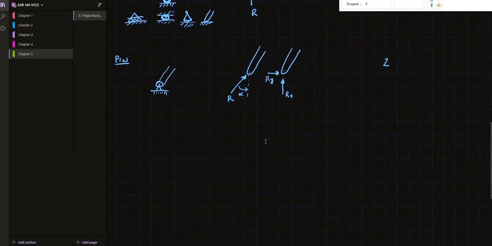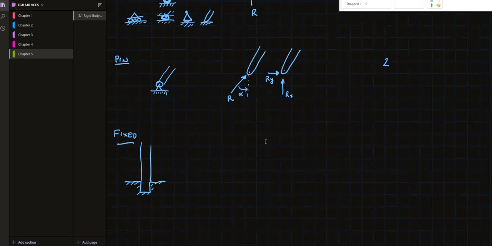And then finally, we'll have fixed. So a fixed support is completely secured. Think of a pole like this, where this is our ground, completely secured.